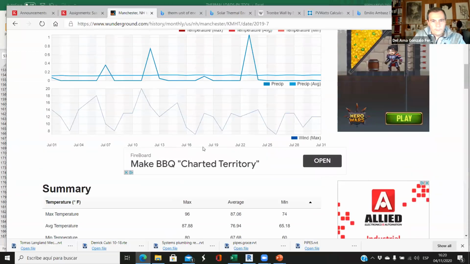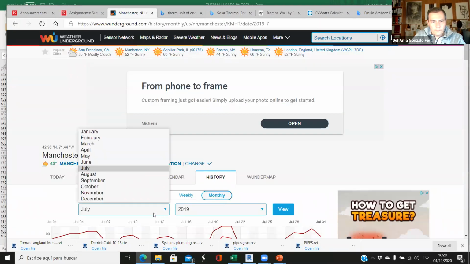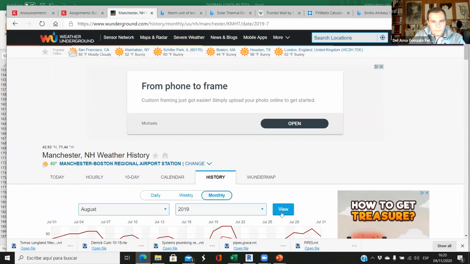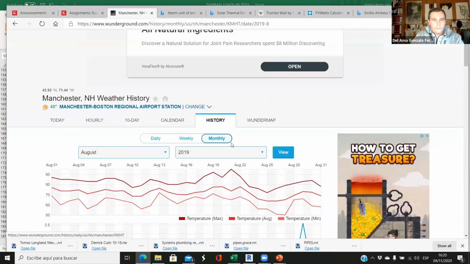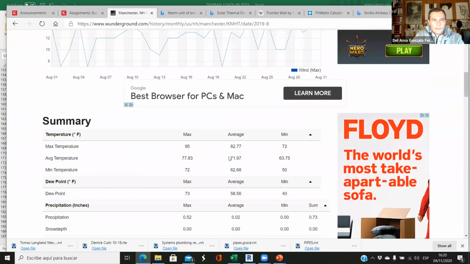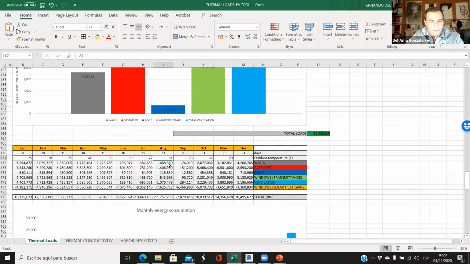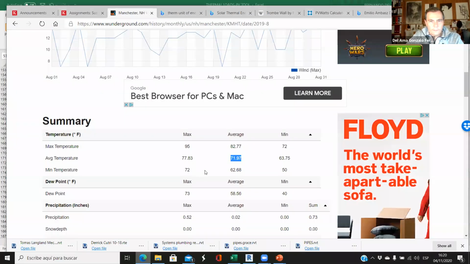Then August, the average is 71, almost 72. Okay, 72. September.